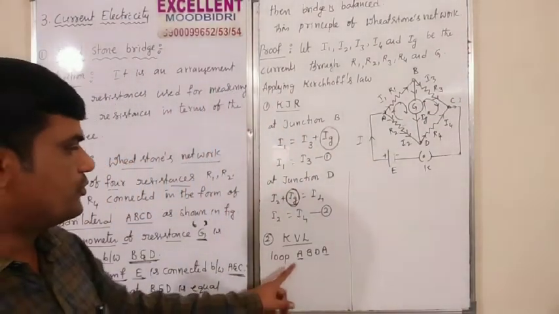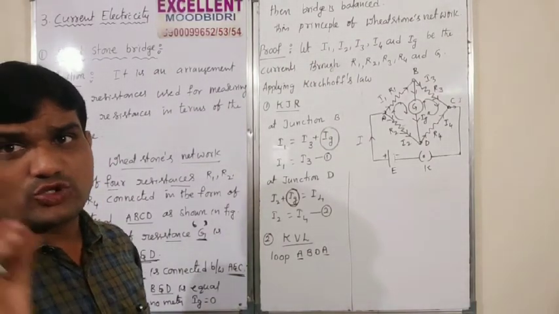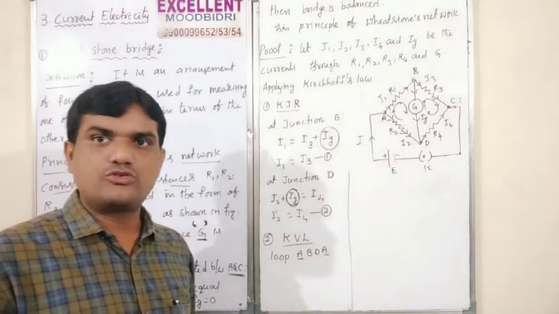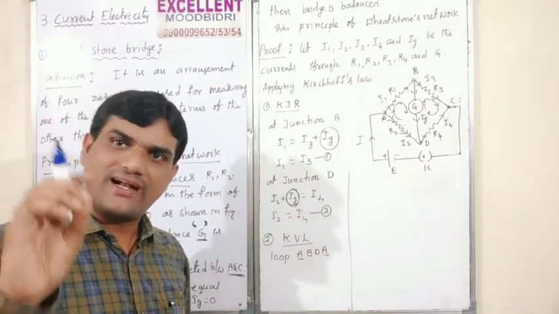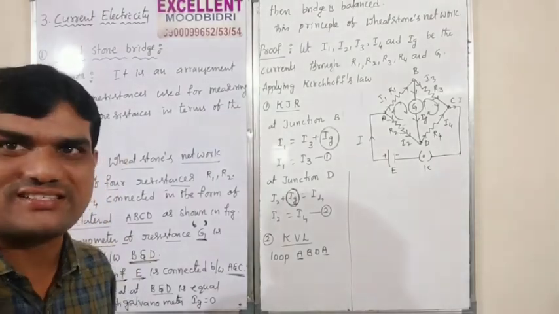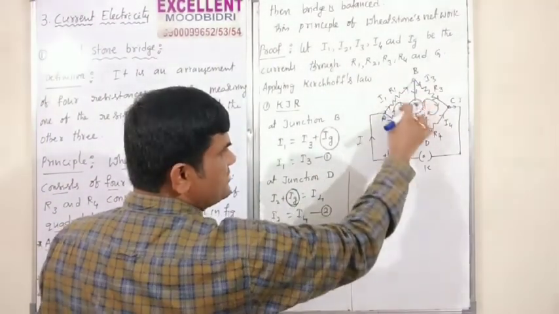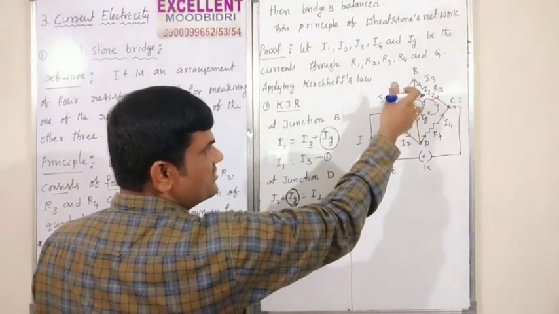So loop ABDA. According to the loop rule, the total EMF is equal to the sum of the products of current and resistance. Correct? Right. So total EMF in this loop, there is no battery. Yes or no? There is no battery.